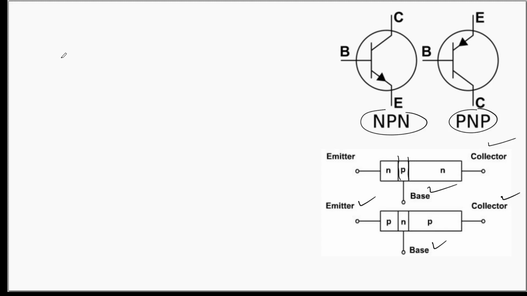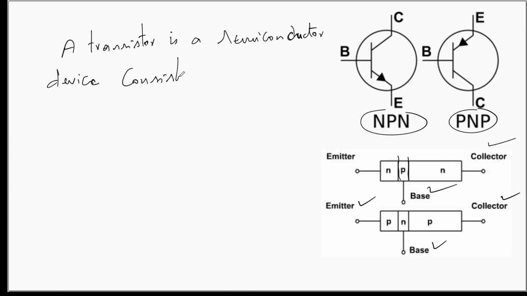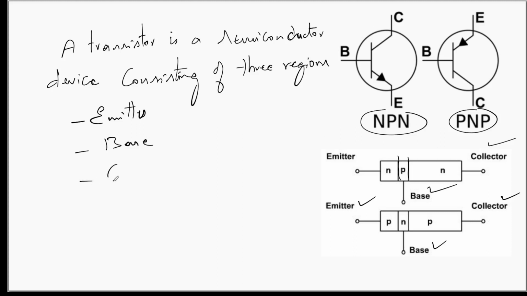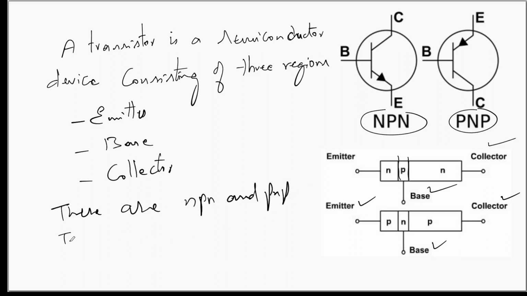A transistor is a semiconductor device consisting of three regions. The first one is called the emitter, the second one is the base, the third one is the collector. There are NPN and PNP transistors.